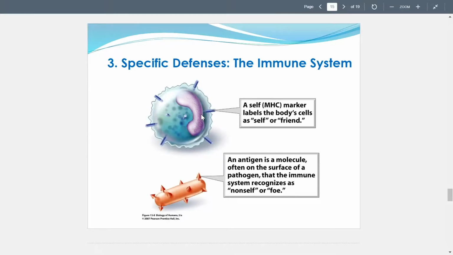Bacteria don't have this MHC marker, so that's how our body knows to attack them. Let me know if you have any questions on that. I know I went through that briefly.